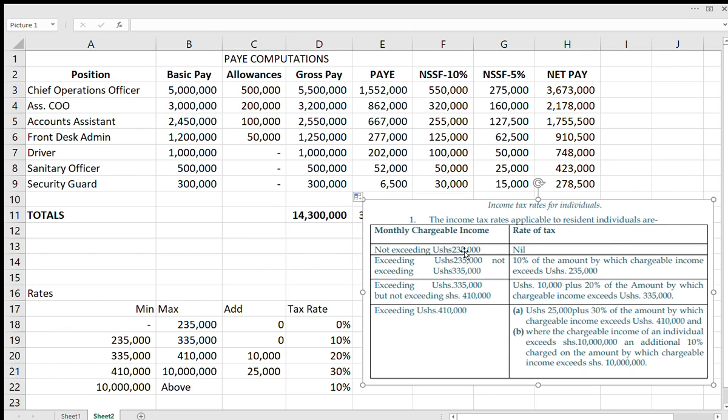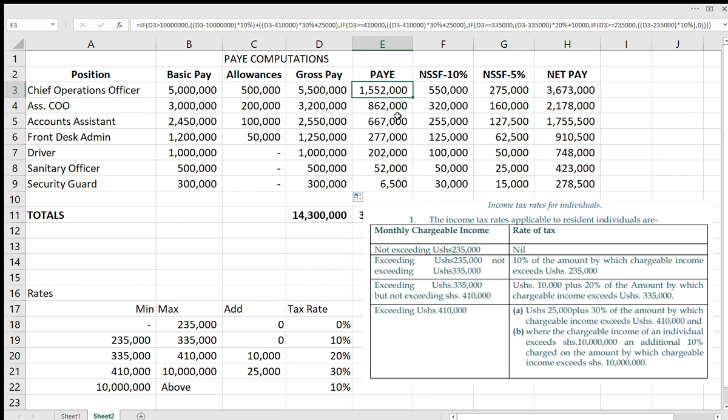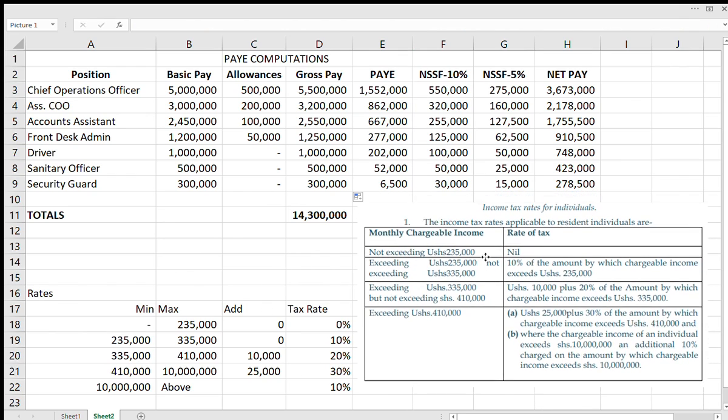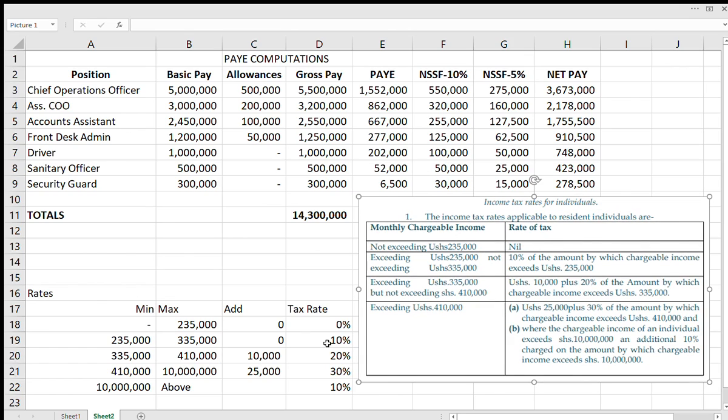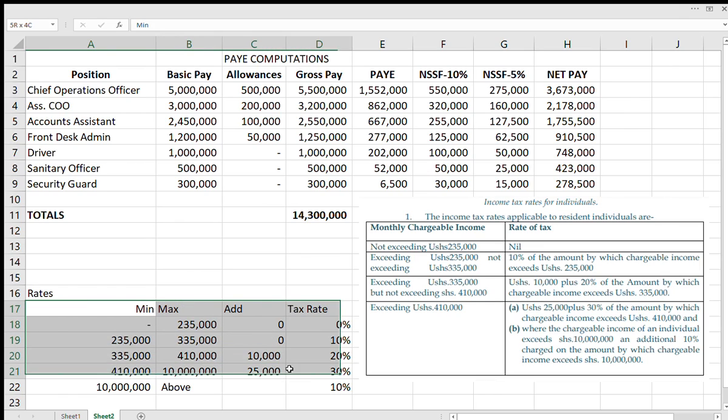We are following the income tax rates for individuals so that we can calculate pay as you earn. I've copied this image, and the data from it has been entered here in Excel for easy reference.